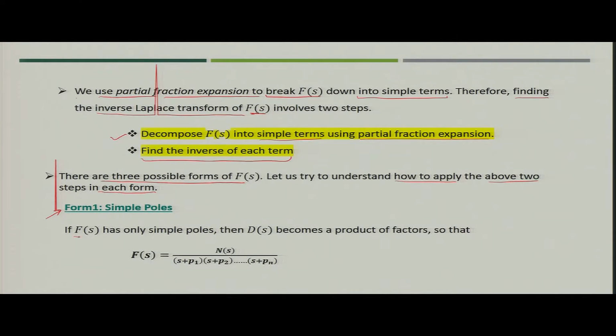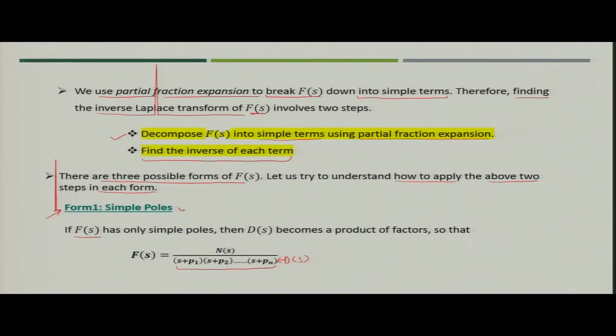That means you have a Laplace transform F(s) represented as a numerator polynomial divided by a denominator, where you can represent the denominator polynomial in the form of a product of factors, that is (s+p1)(s+p2)(s+p3) and so on.